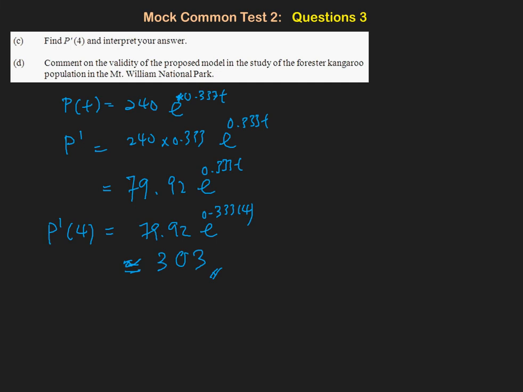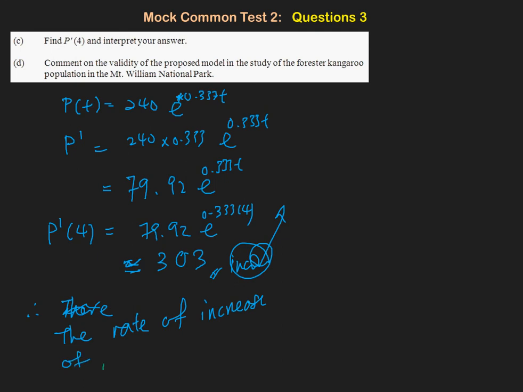This is a positive value, so that implies that the population is increasing, going up because it's positive. So you see, not just the rate of change, but very specifically the rate of increase of population is 303 when time is exactly at 4 months.